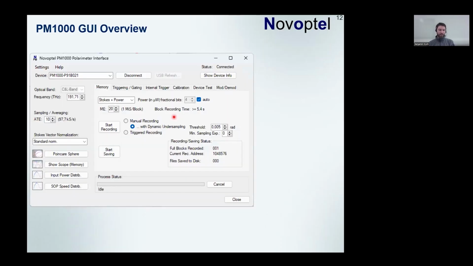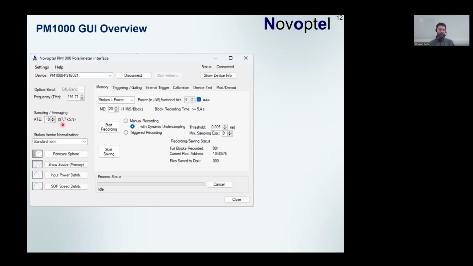This is the main GUI window for taking the most important settings, such as optical frequency. You can apply the averaging here. ATE stands for averaging time exponent, and the resulting sampling frequency in this case is 2 to the power of 10 times less than the 100 megasamples per second.